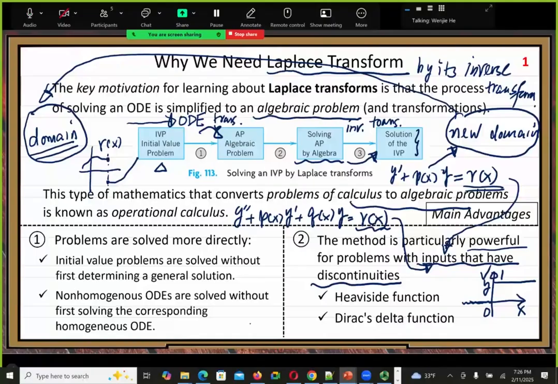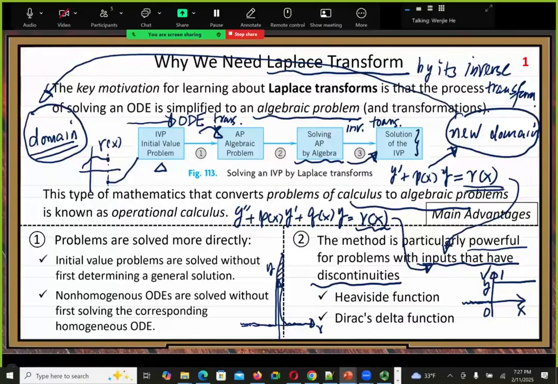How special is it? Here in the xy coordinate system, the function is 0, 0, then there is a very high peak.